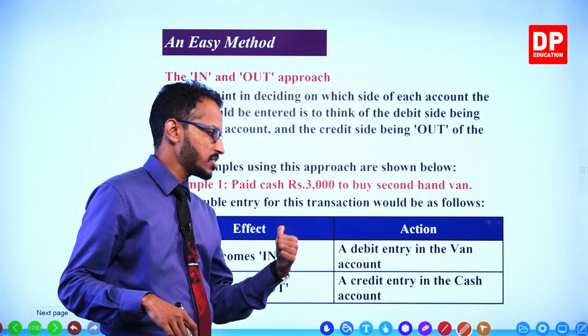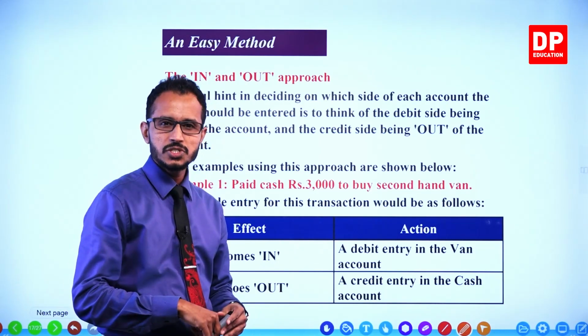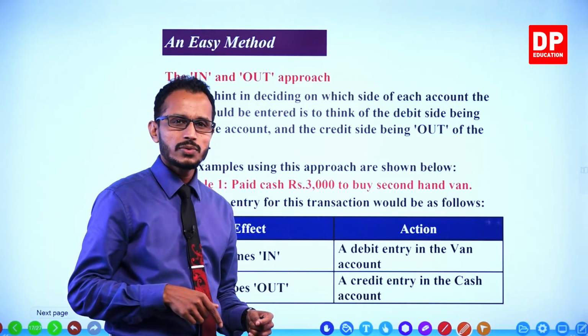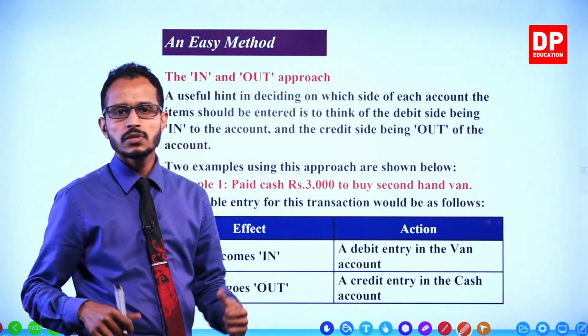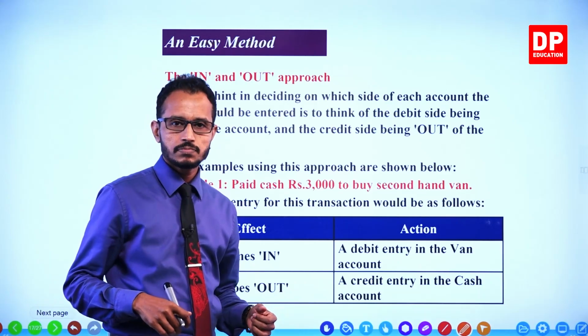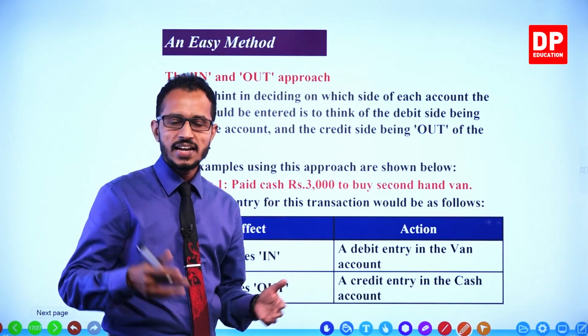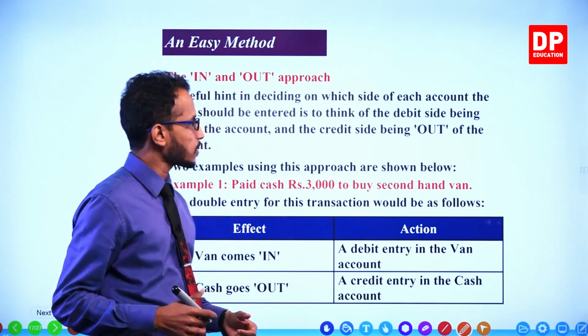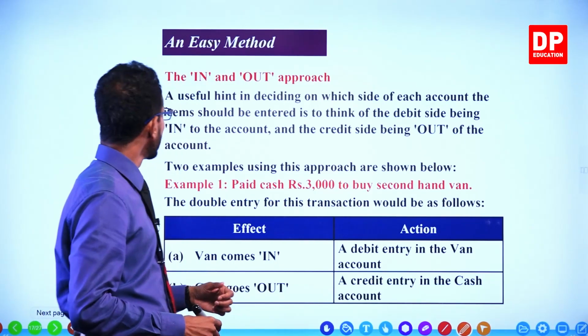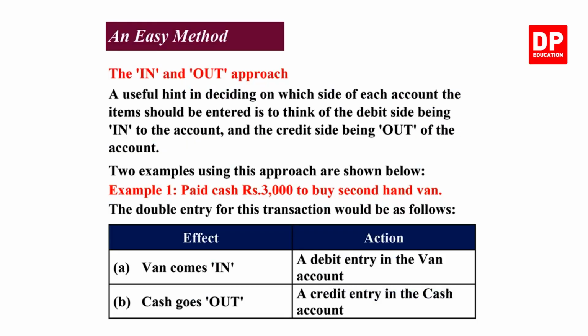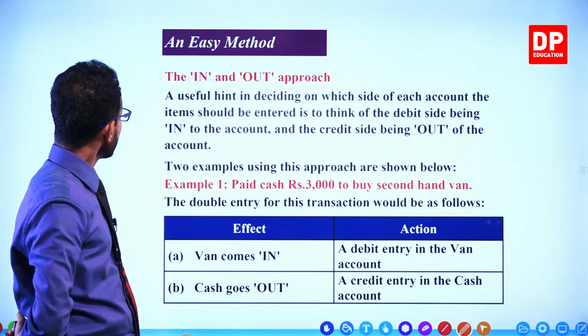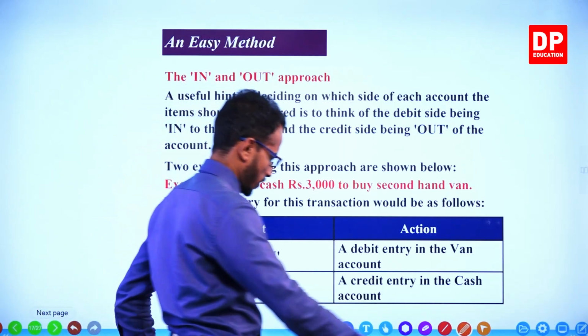But this is good for beginners, just to figure out how debits and credits come, to decide whether it's a debit or a credit. Let's read out. A useful hint in deciding on which side of the account the item should be entered.